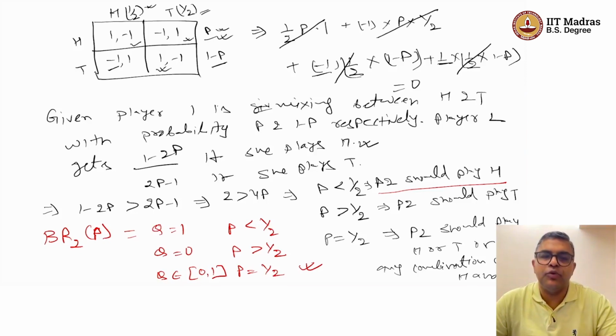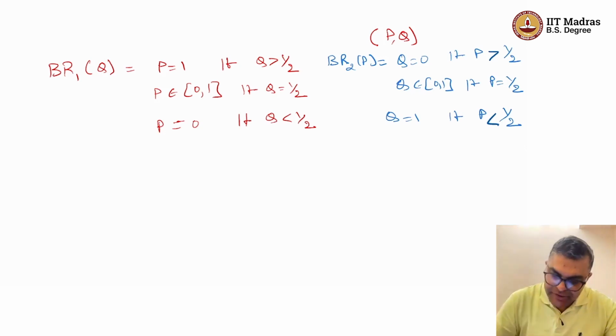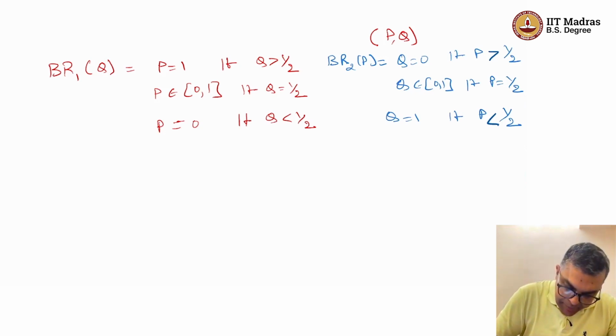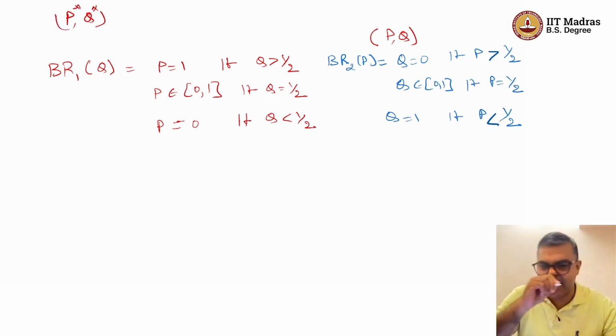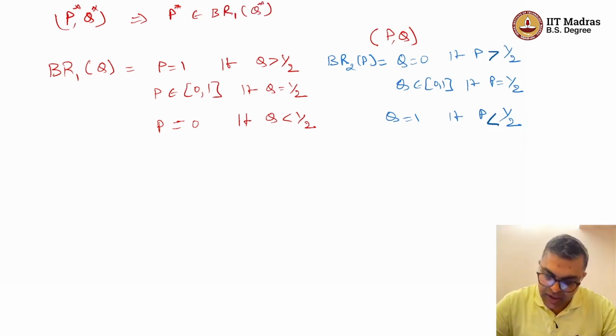And as we know, the best response correspondence is the first step towards obtaining the Nash equilibrium. So on the next page, I have already written the best response correspondence of both the players, and we will try to obtain the Nash equilibrium. Just to remind you, (P star, Q star) is a Nash equilibrium if P star happens to be one of the best responses coming from player 1 given player 2 is playing Q star.